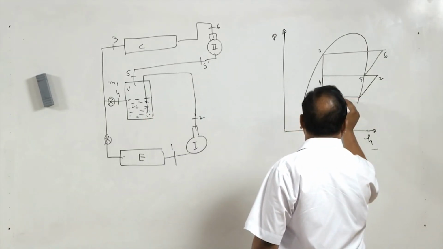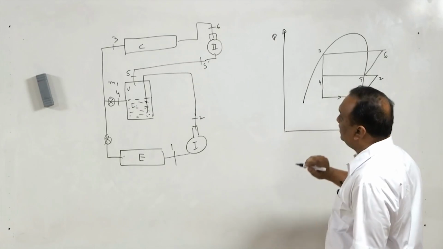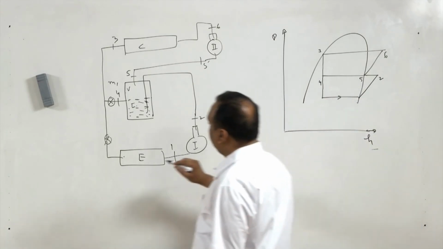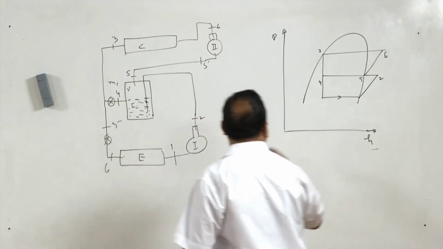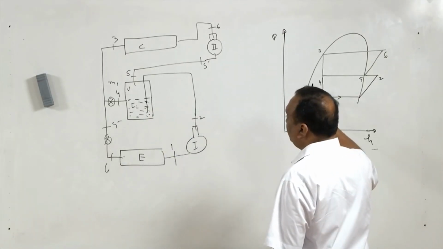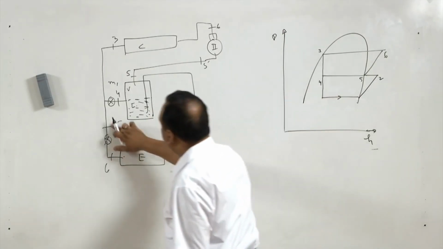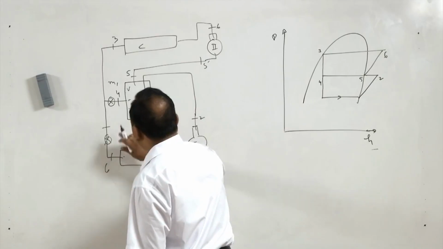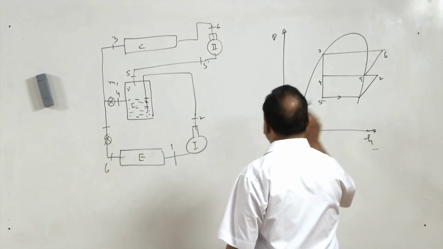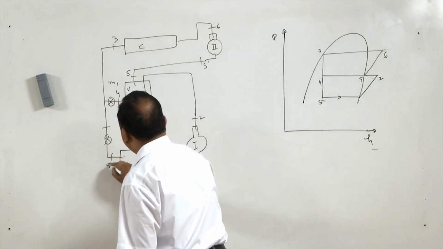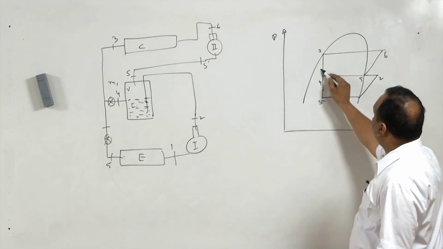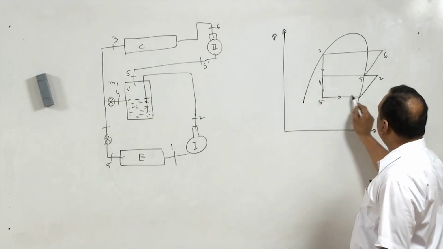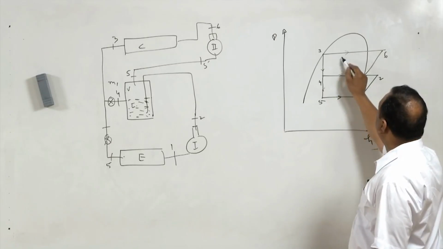And refrigerating effect will be attained from, let us say, 4. This is 5, 6. So 4 and 5 are same. So expansion is taking place here, and the vapor is entering the evaporator and refrigerating effect is attained.